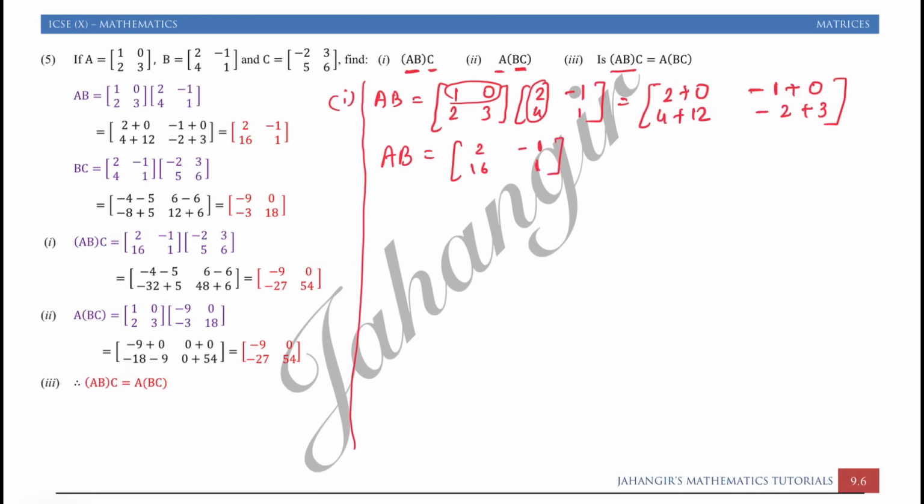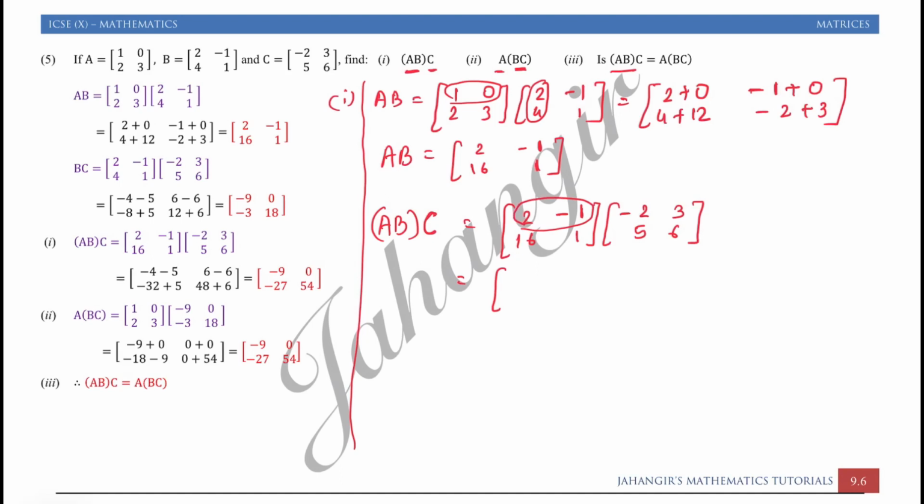I got the first answer. Now I will multiply this AB with C. So what is AB? First we have to write AB, 2, 16, minus 1, 1, and then C. C is minus 2, 5, 3, 6. So again same process. First row, first column.